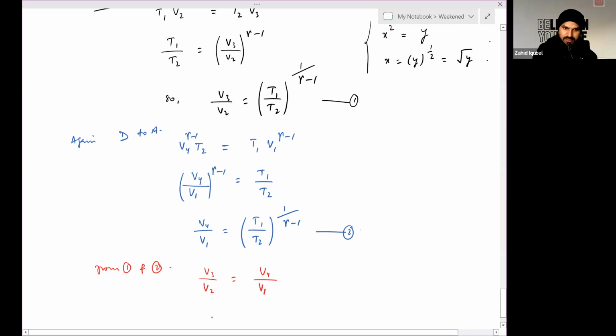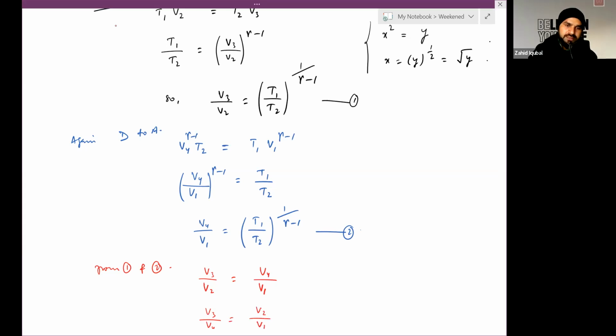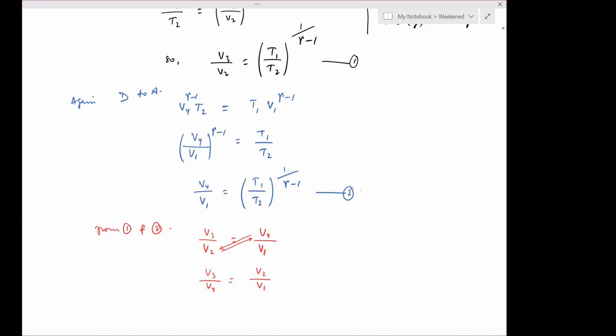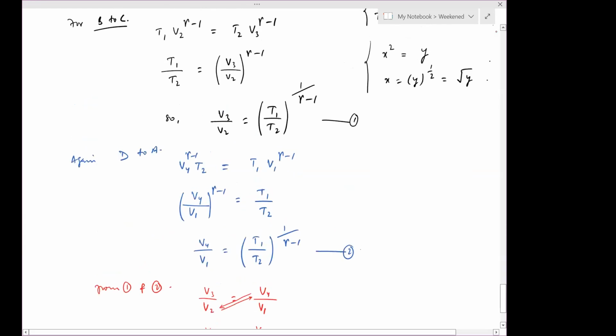So you will get V3 divided by V4 equals V2 divided by V1. I've just shifted this one to this point and this one to this point, by cross multiplication. Memuna, any doubt? No, sir. Okay, just write it down.